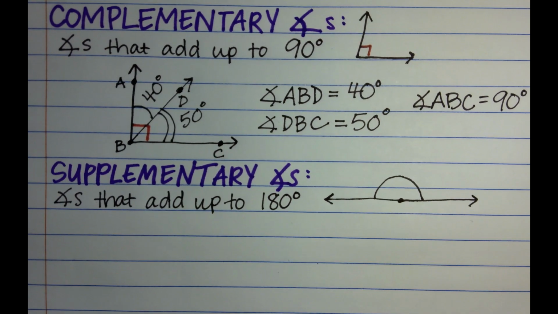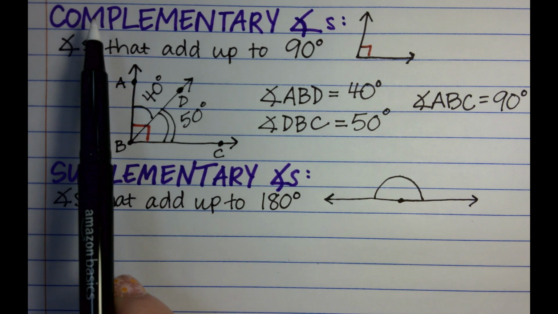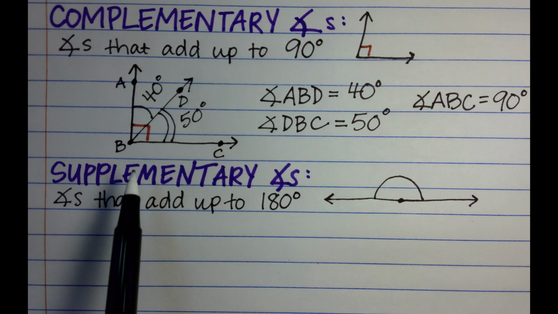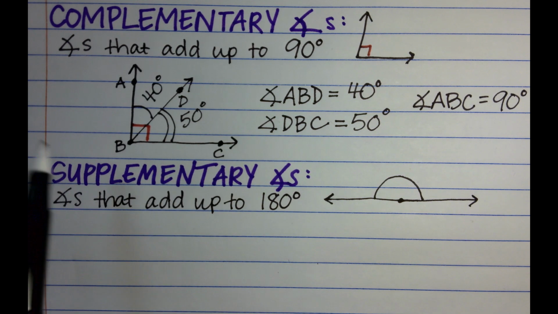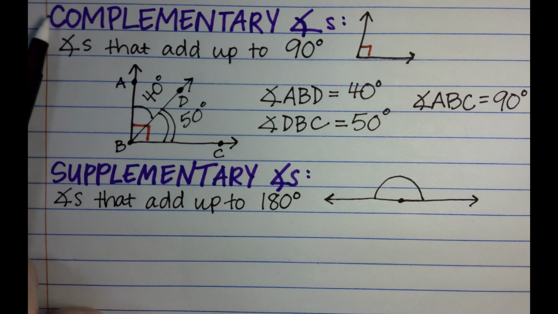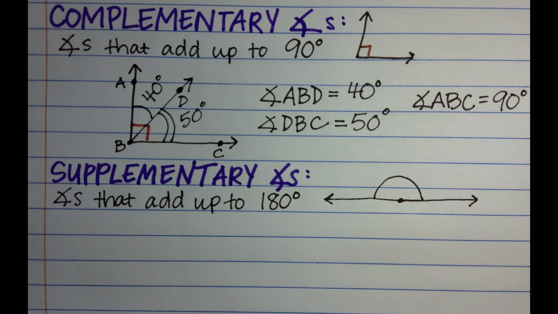So the trick they taught us in one of the PDFs I posted is complementary makes a corner, supplementary makes a straight line. Complementary corner, supplementary straight. So the similar sounding C corner, S straight, you know, little tricks.